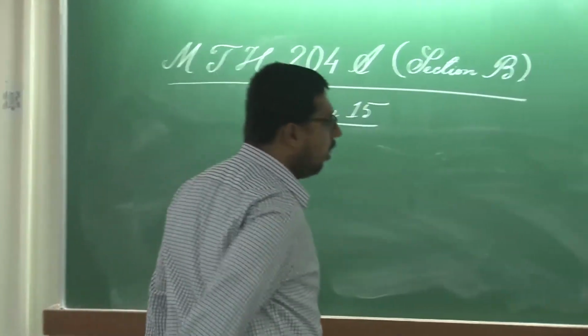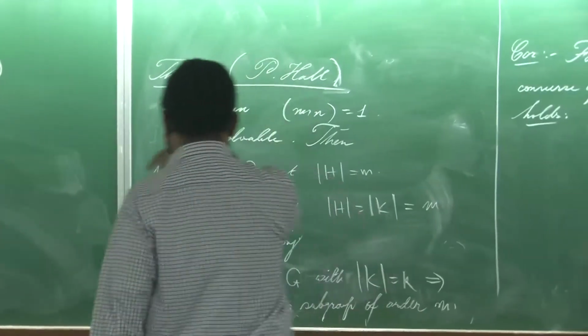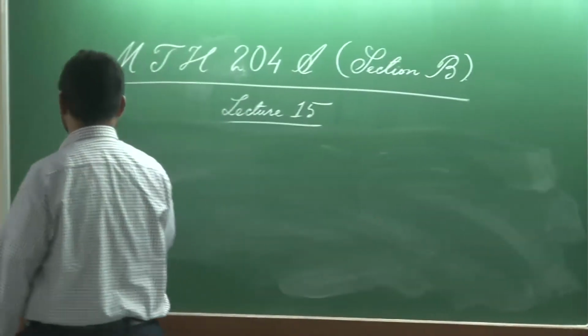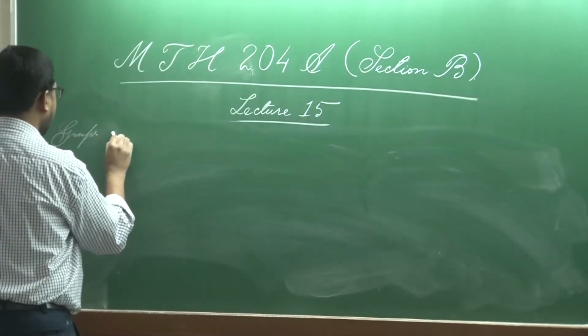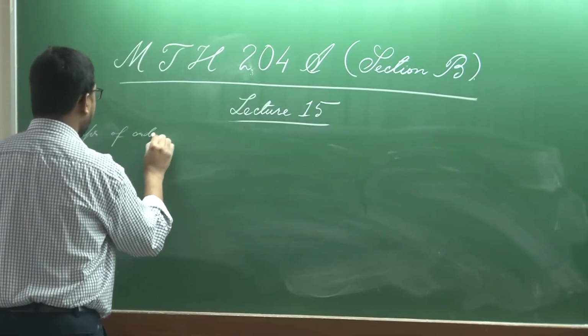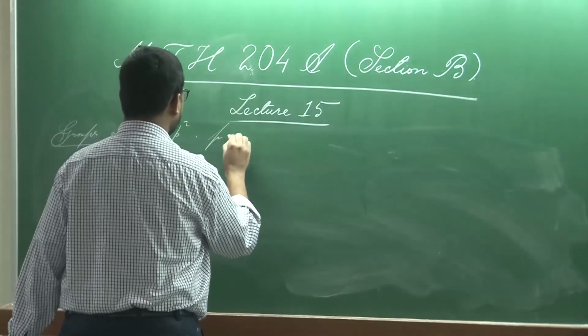Well, when the order is p, there is nothing to prove, it is cyclic. For p square we can do without much difficulty. Order p square, where p is a prime.